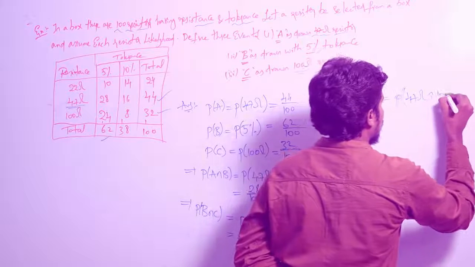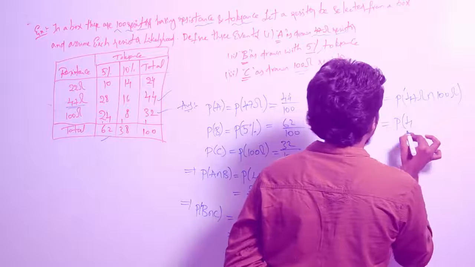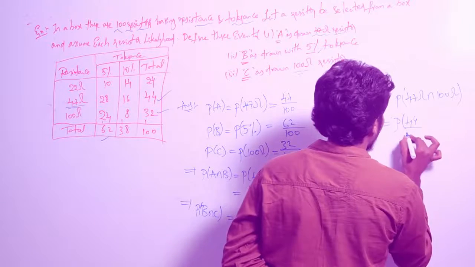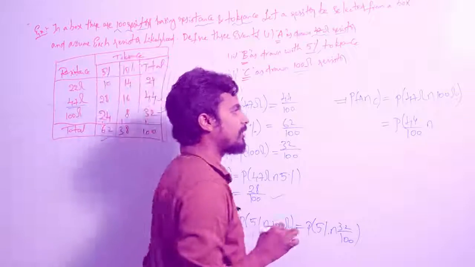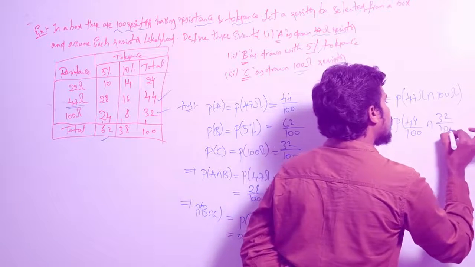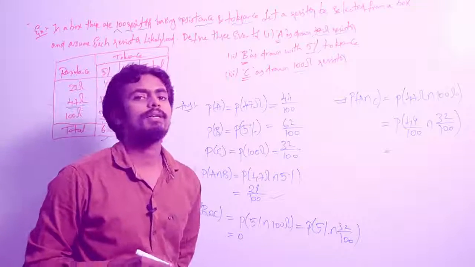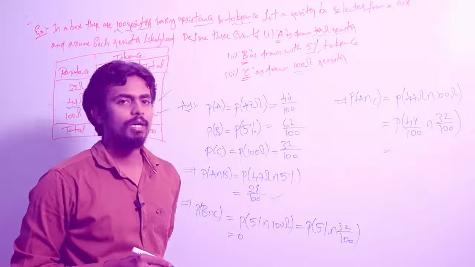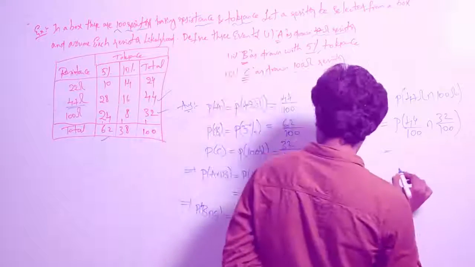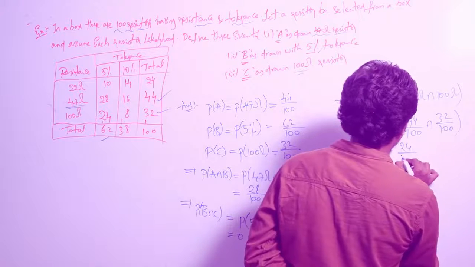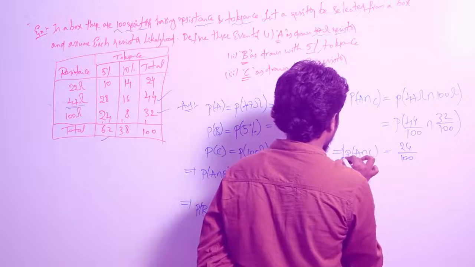That will be the P of 47 ohm, the 44 divided by 100, intersection P of 100 ohm, that will be the 32 divided by 100. If you apply the intersection for this, you will get the 24 divided by 100. This will be the P of A intersection C.